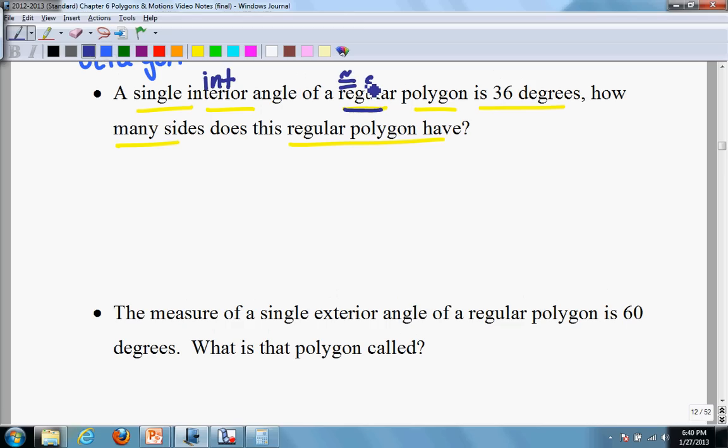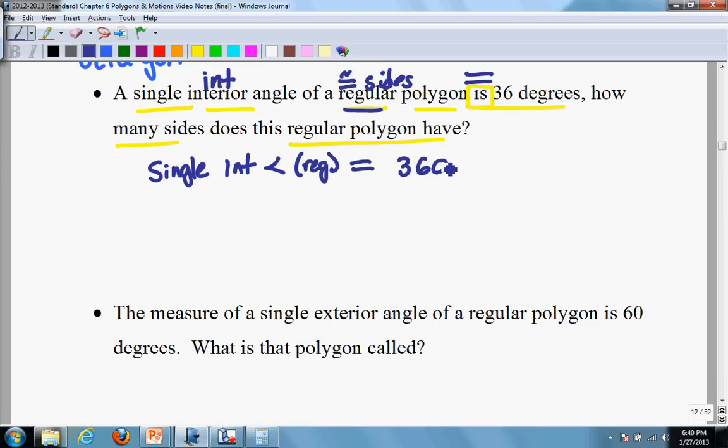So what I have here, we want to write this out. We have a single interior angle of a regular polygon, which equals 36 degrees. Oh, 36 degrees, not 360, excuse me. So we remember the song, we want a single or each.